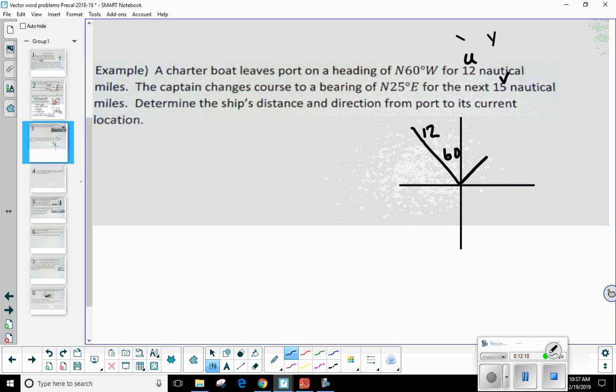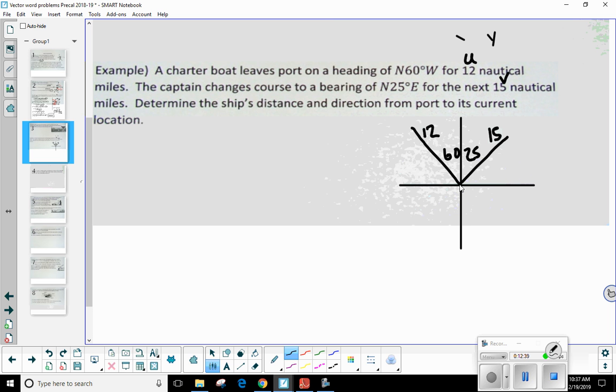Okay, so there's vector u. And there's vector v, 25 degrees northeast, 15 nautical miles. Now remember our formula, as long as we have two items, the magnitude and the direction angle, we can get the component form.